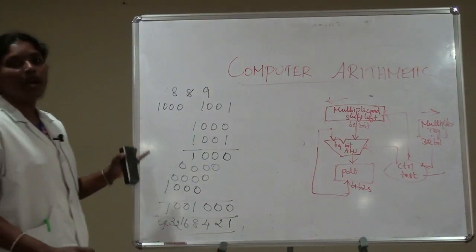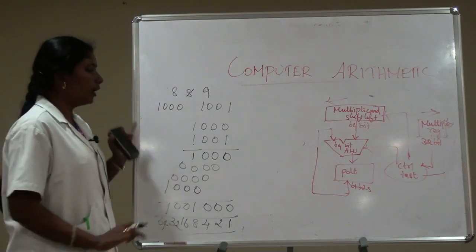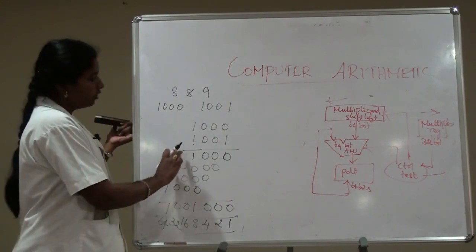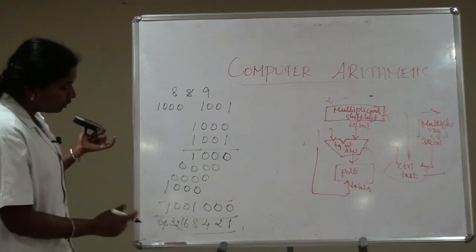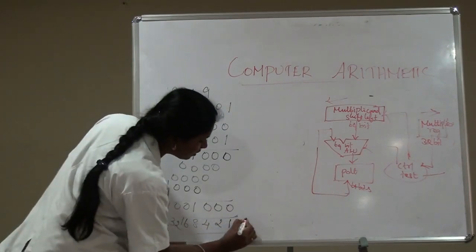This is our binary multiplication. So I have to add the values. The final result will be 72.